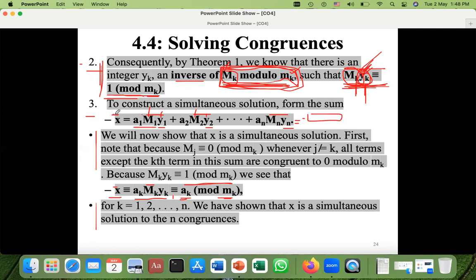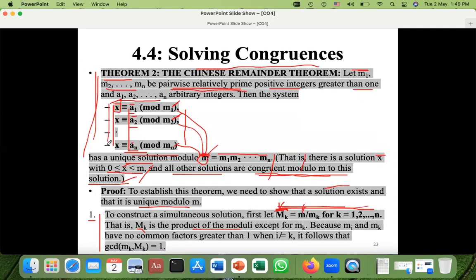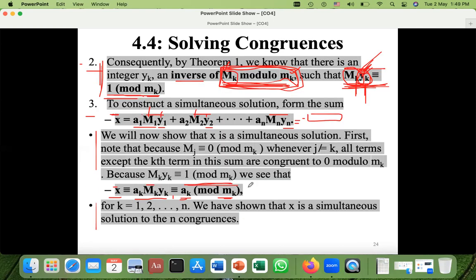By the way, you have the solution here now, but you have to convert that solution into the congruence form, because we started with the congruences. And when you have that congruence form, that would be your final solution. This is the proof, and here k is for all 1, 2, and also n.